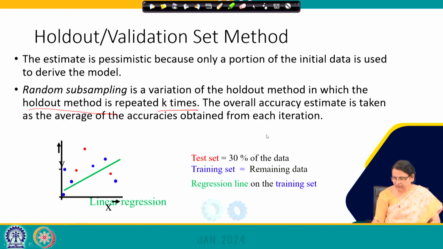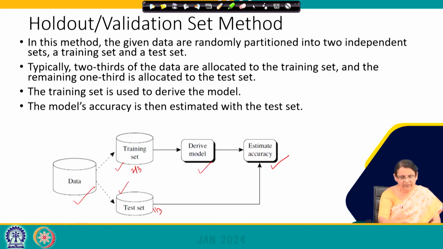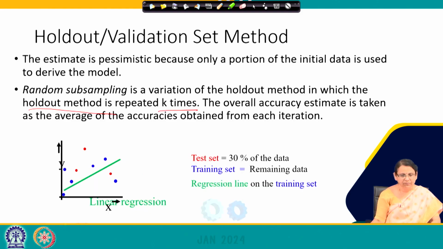Which means this is one iteration, then again starting from the full data you make one more 2/3, 1/3 partition and find out the accuracy, and you continue this for k steps. The overall accuracy is estimated as the average accuracy obtained from each iteration.